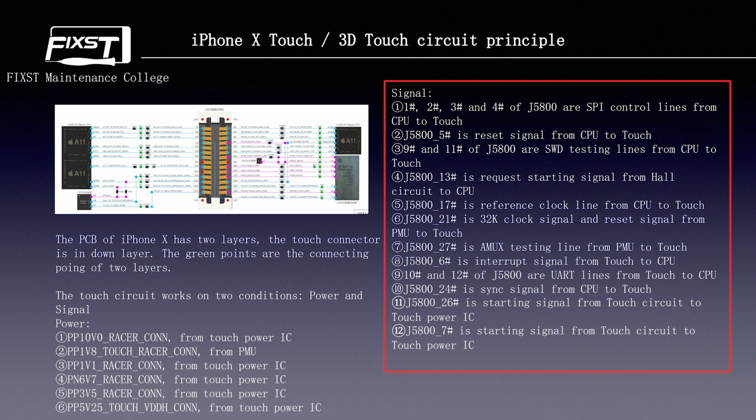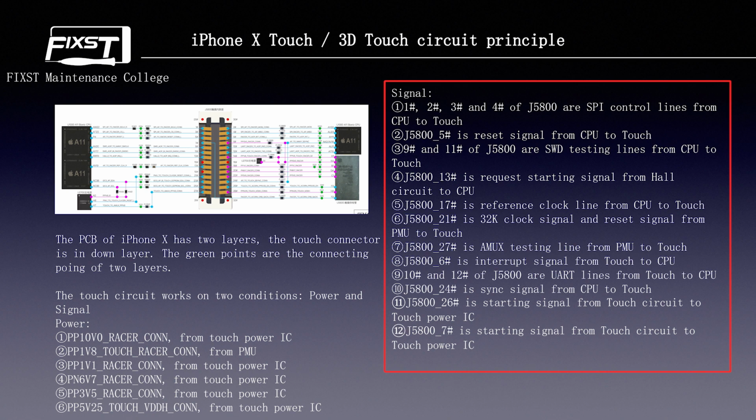Pin 9 and Pin 11 of J5800 are SWD testing lines from CPU to touch. 4. Pin 13 of J5800 is request starting signal from Hall circuit to CPU. 5. Pin 17 of J5800 is reference clock line from CPU to touch.